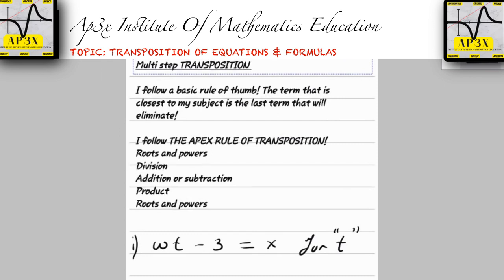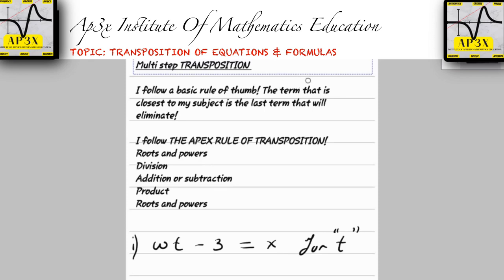Now I'm going to be using my rule of thumb here. I follow a very basic rule of thumb, and this is my personal way of thinking. I'm not sure if this is a rule that exists out there, but this is something that I taught myself and I've been using for many years, that makes transposition of any equation very, very simple.